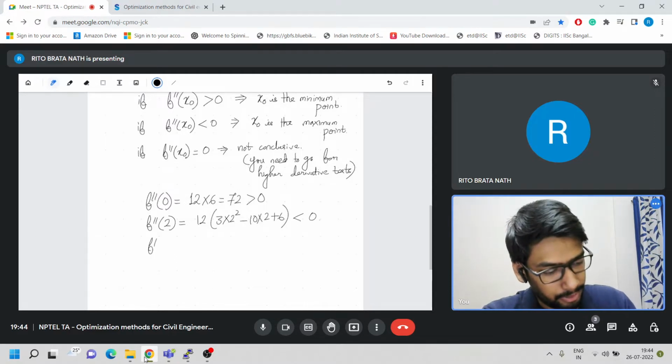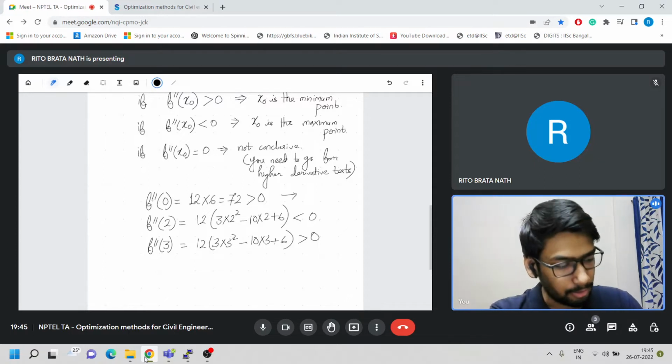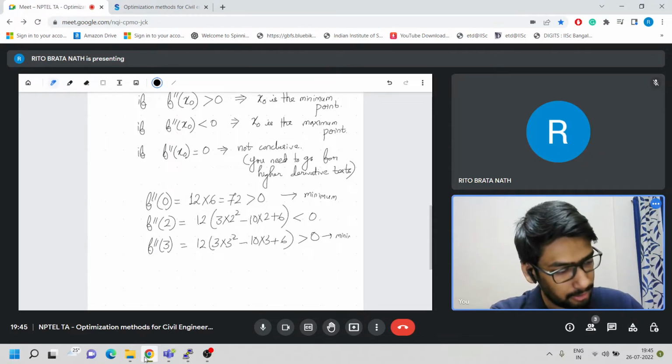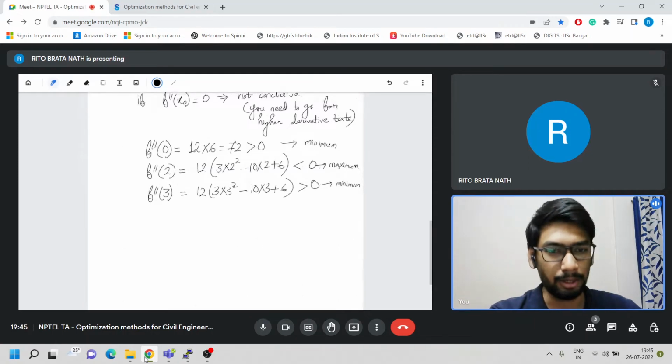And if you put f double prime 3, you will get 12 into 3 times 3 squared minus 10 multiplied by 3 plus 6. So this part will again be positive. So this qualifies as a minimum point, this will again qualify as a minimum point, and this will qualify as a maximum point. If you look at this function, it has two minima and one maxima.